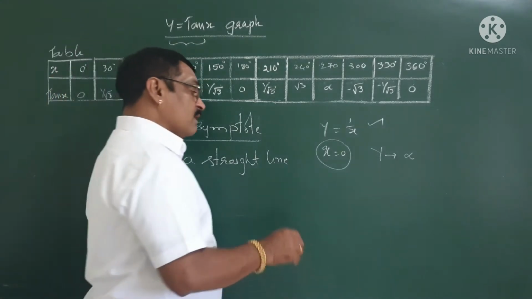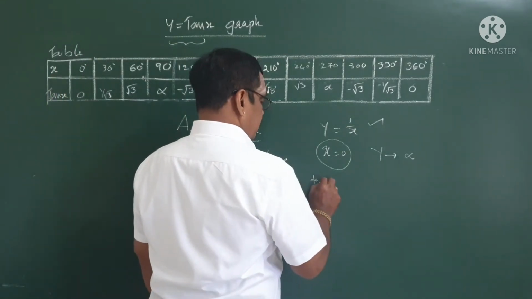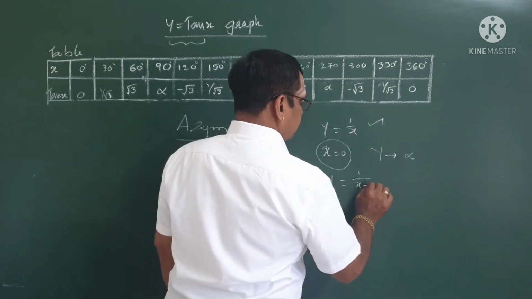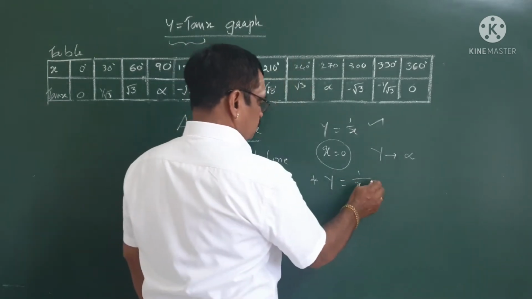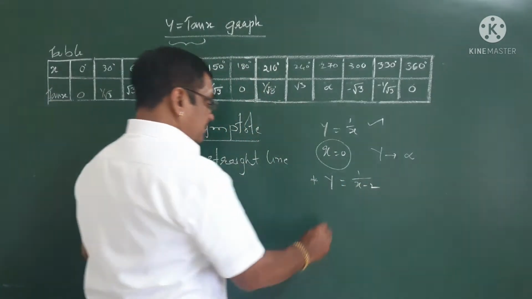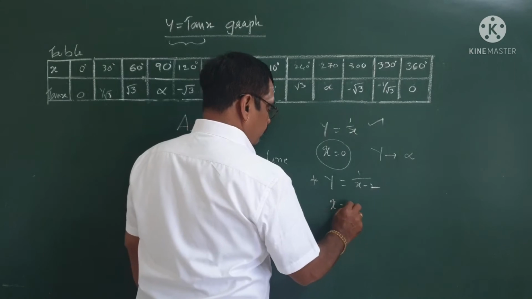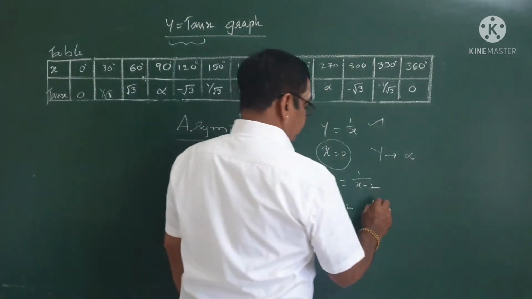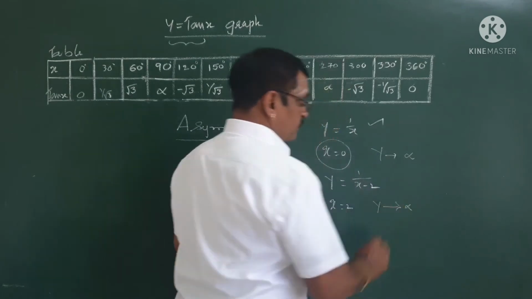Let me explain one more example. I have y is equal to 1 over x minus 2. Now, when x is equal to 2, my y is becoming infinity.